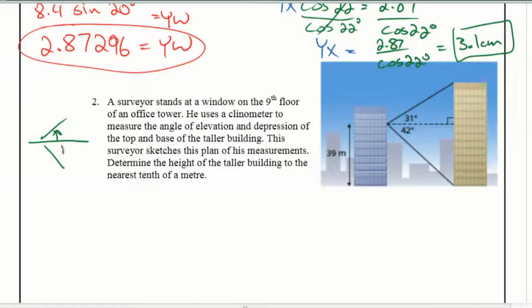If you go down from a horizontal surface, that's the angle of depression. So angle of elevation is the top one, the angle of depression is the bottom one, just so we're clear. The surveyor sketches the plan, measures, and determines the height of the taller building to the nearest 1/10 of a meter. So we're trying to find the height of the taller building.